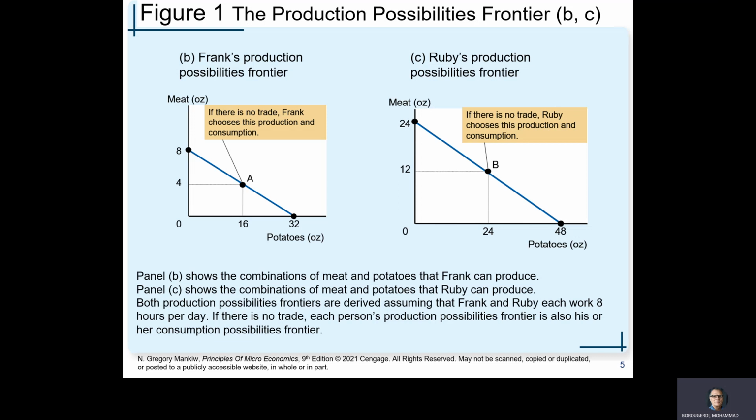Then Frank can do it cheaper. That's why it says Frank should specialize in just making potato. And vice versa is true. We can reverse this. Then Ruby has the competitive advantage over Frank in making meat. Then she should make more meat than potato, then trade. And they're both going to be better off.